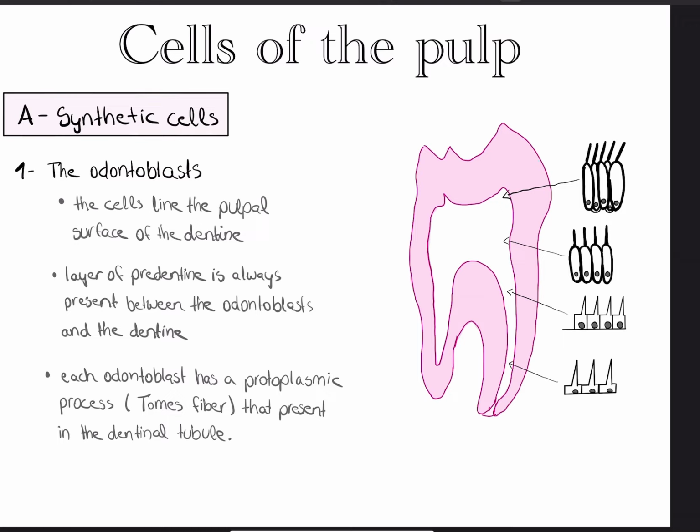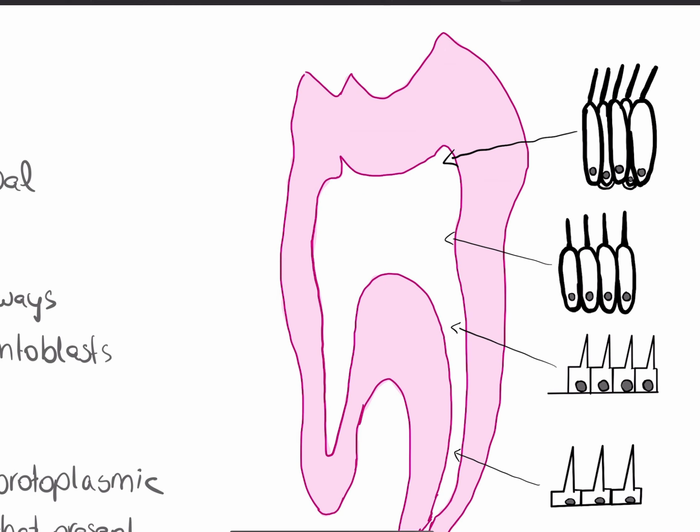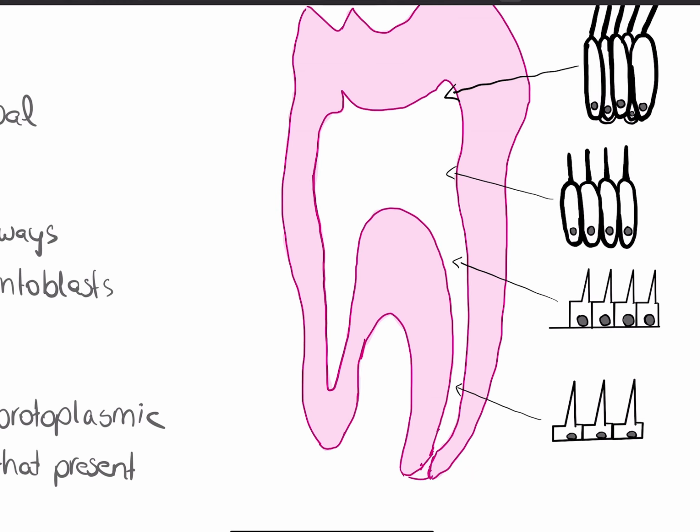We have here four types of cells which are lined up in the pulp. At first, we see here in the pulp chamber the cells which are crowded and appear pseudostratified. Then the second, near the beginning of the root canal, they become columnar in shape.